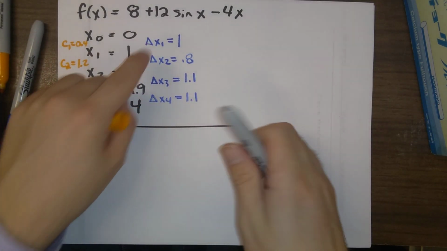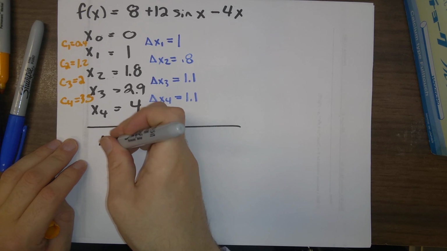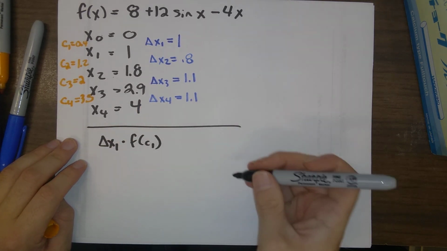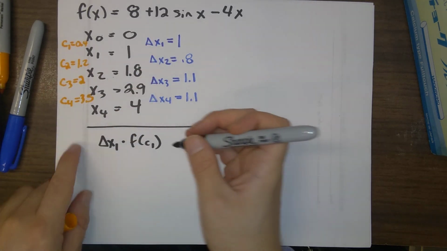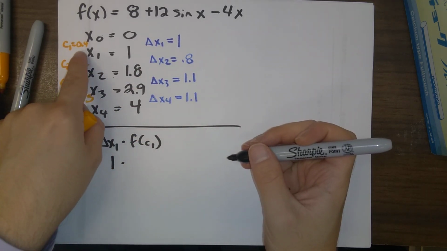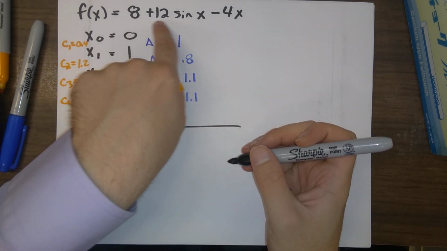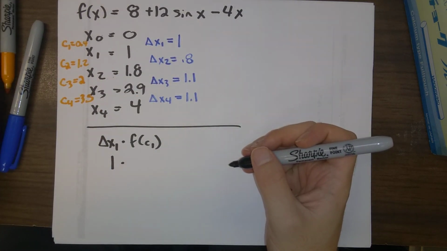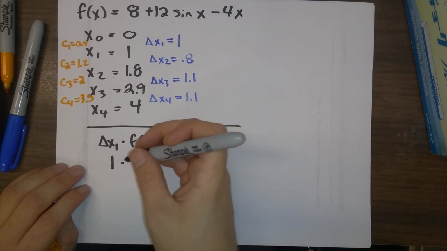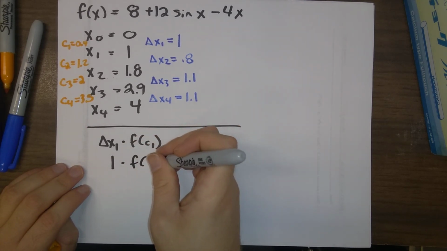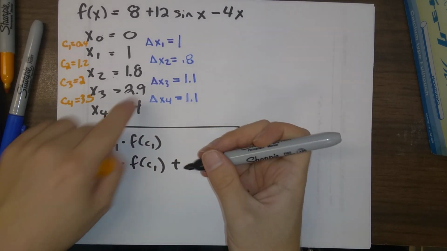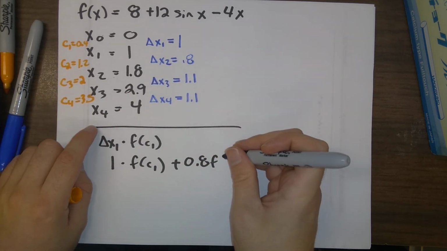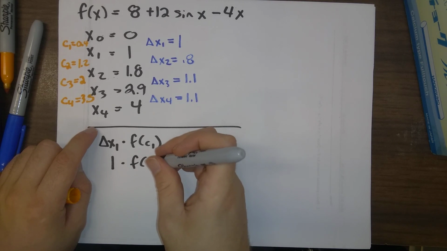For the first rectangle, delta x1 times f of c1, and delta x1 is 1, so I just say 1 times f of c1, and then you would do 0.8 times f of c2.